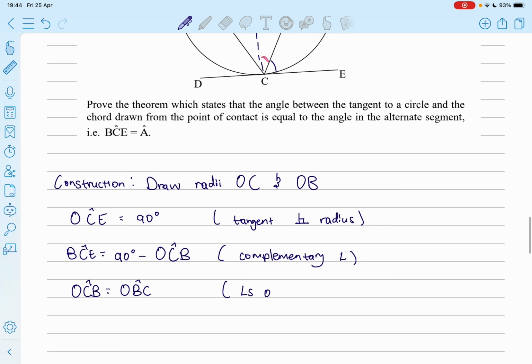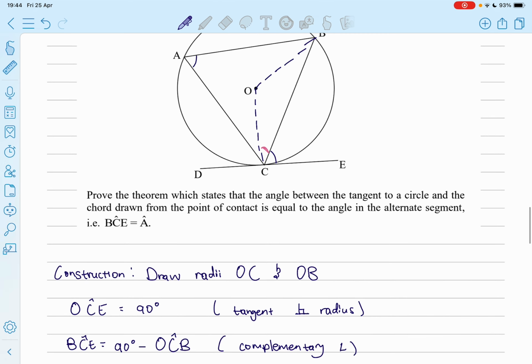So angles opposite equal sides. If they're opposite equal sides, it means that here we have an isosceles triangle. Therefore, these angles are equal.